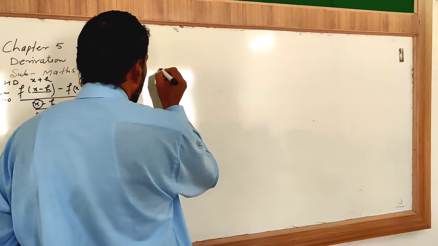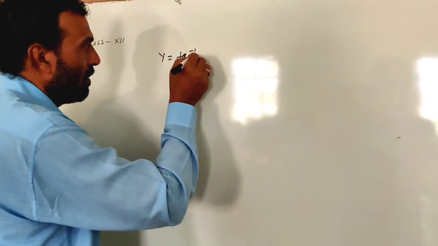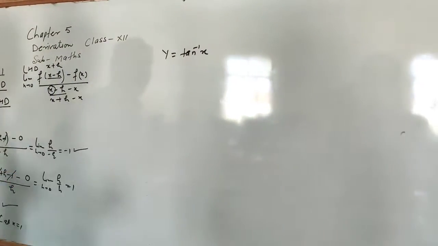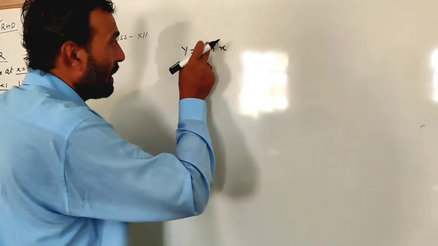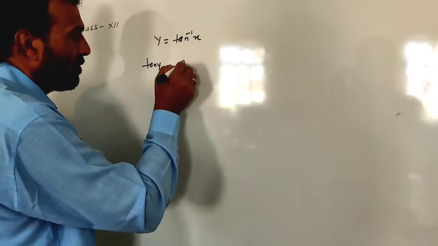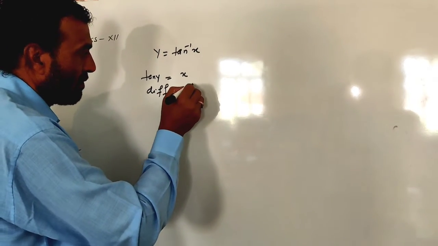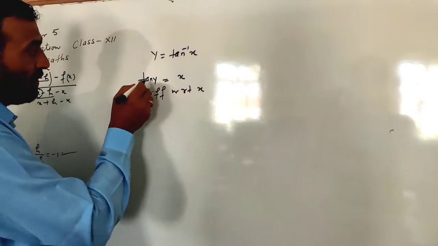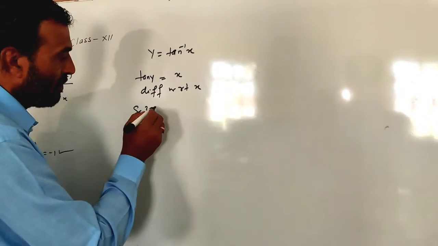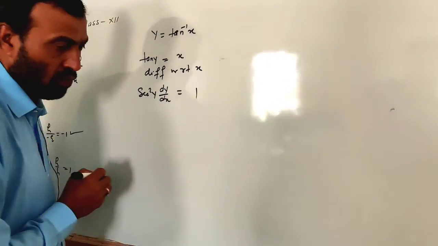Now I am telling you how to differentiate inverse function questions. For example, y is equal to tan inverse x is given. How can we differentiate this function? First of all, taking the inverse to the other side, we get tan y is equal to x. Now differentiate with respect to x. The derivative of tan y is sec square y times dy upon dx, and the derivative of x is 1.